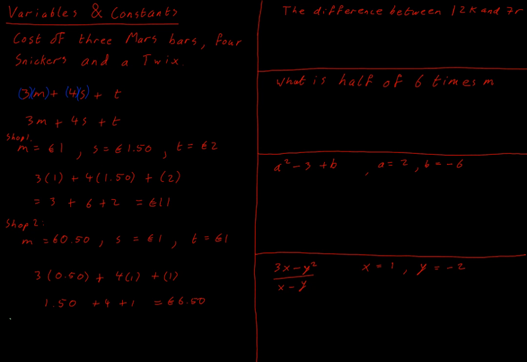So if I take my 3M for the cost of 3 Mars bars, my 3 here doesn't change, it's a constant. And the M can change. It changes depending on the shop we go into. The cost of the Mars bar changes depending on the shop we're in, so it varies. It is a variable.